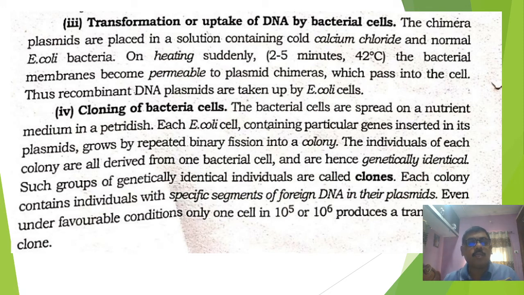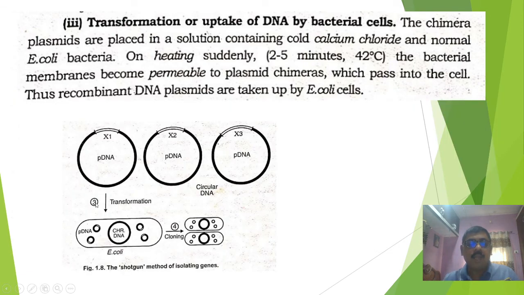The chimeric or recombinant DNA molecules are placed in a solution containing cold calcium chloride and normal E. coli bacteria. On heating suddenly for 2 to 5 minutes at 42 degrees centigrade, the bacterial membrane becomes permeable to these plasmid chimeras or recombinant plasmids, which pass into the cell, and thus recombinant DNA plasmids are taken up by these E. coli cells.